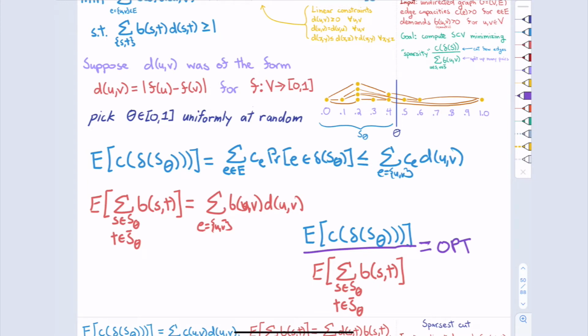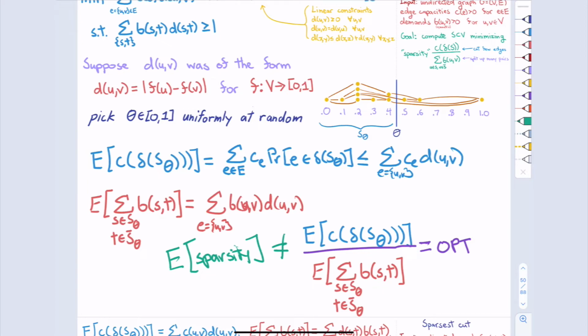Okay. This is good, but unfortunately we're interested in the sparsity. The expectation of the sparsity of this cut is not equal to the ratio of expectations. The expectation of sparsity is an expectation of the ratio, but what we've shown is that the ratio of the expectations is what's nice.